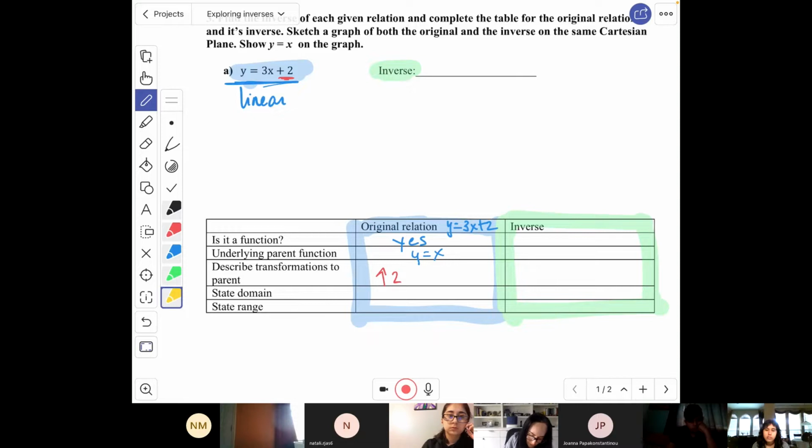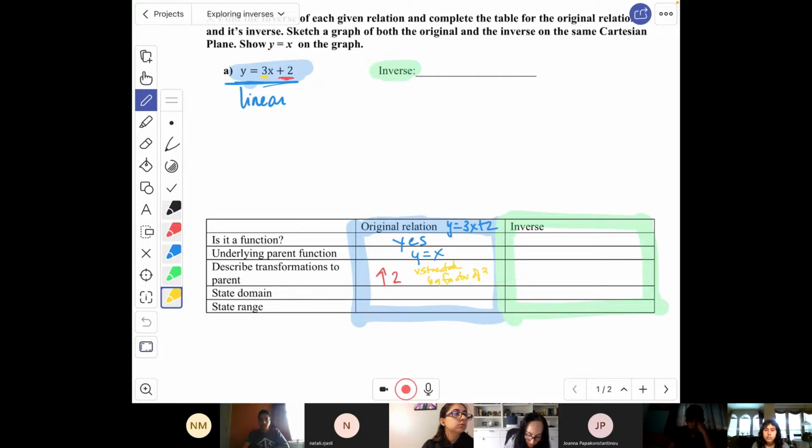And then if I were to address this 3, that would be changing my slope, right? That would make it steeper. So that would be a vertical stretch by a factor of 3.